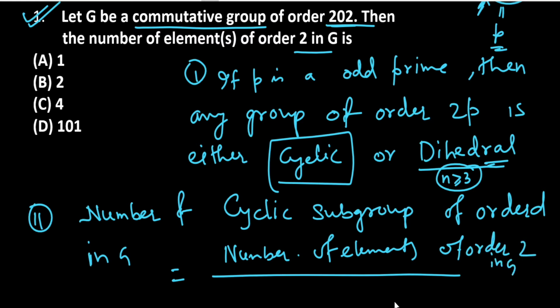Since here we have to find the number of elements of order 2 in G, by the general concept it is the number of elements of order d in G by phi of d. Now we also know that the number of cyclic subgroups of any order in a cyclic group is unique.